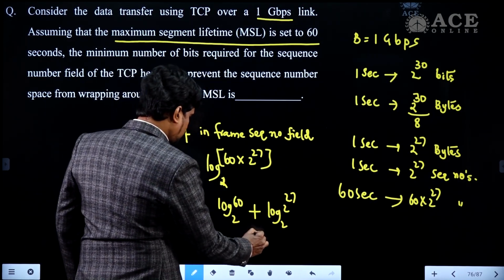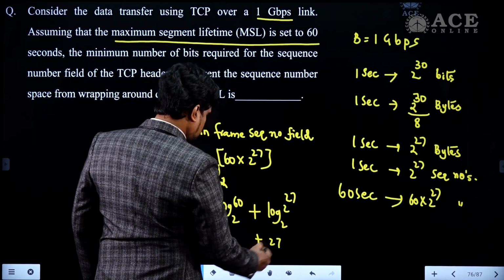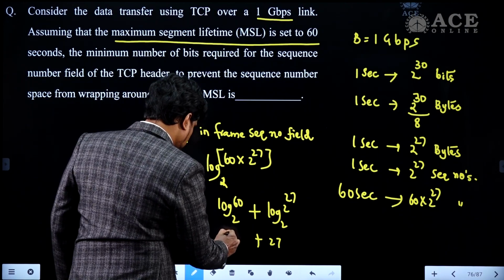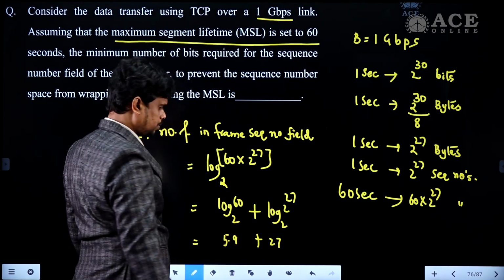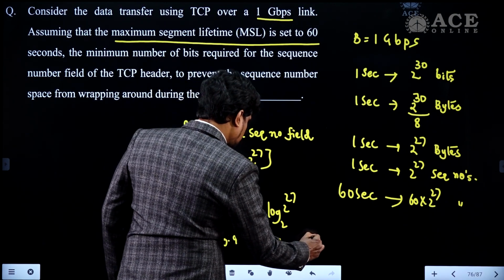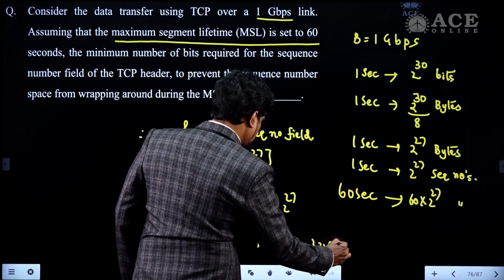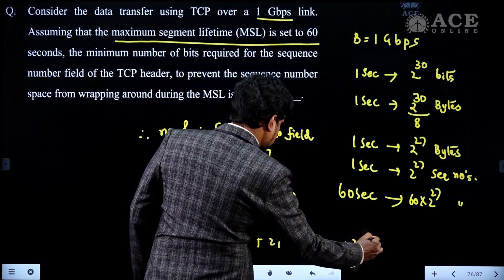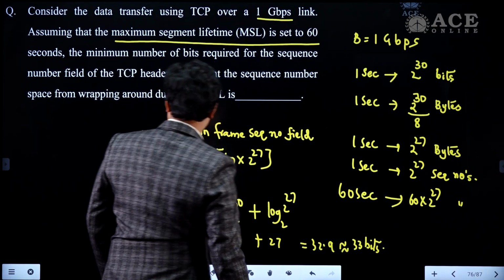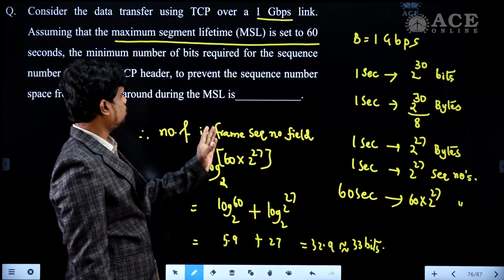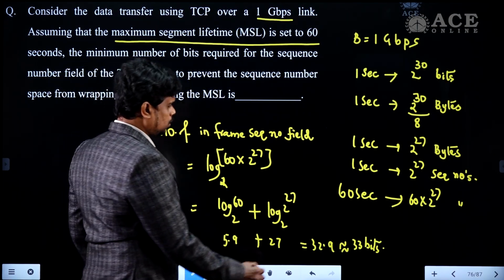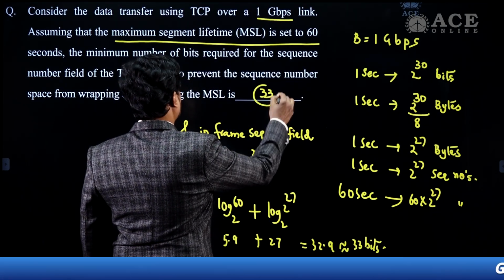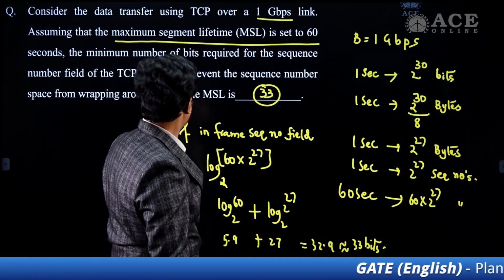Now this I can write as 27, and log of 60 base 2, if you calculate this, you get 5.9. So it is 32.9, which in the sense is closely 33 bits. So the number of bits that should be part of the sequence number field should be 33 bits. So 33 is the answer for this question.